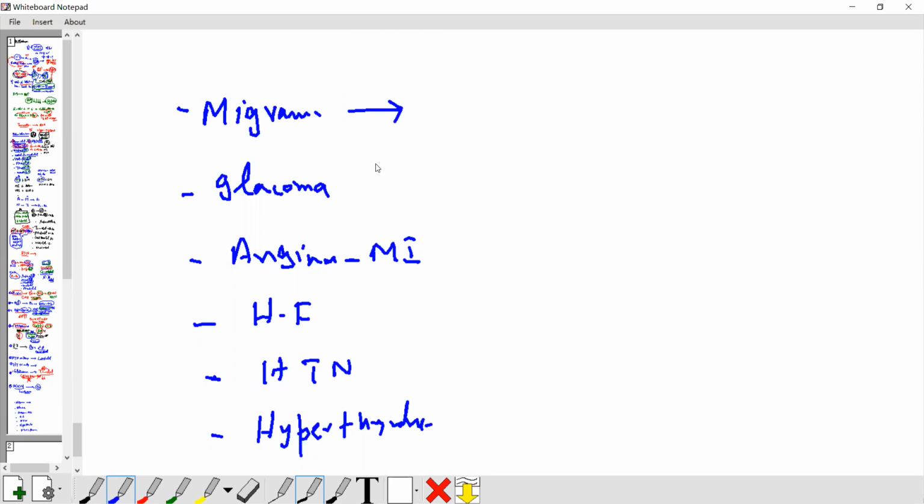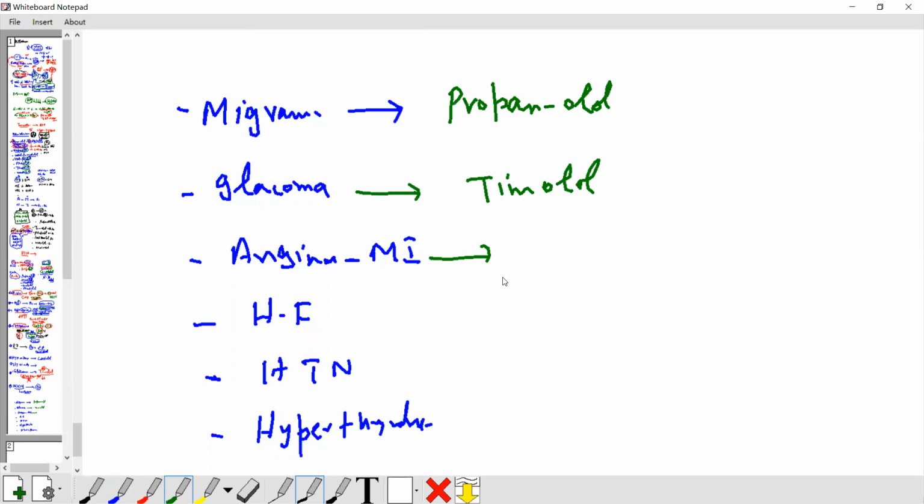Drug used for migraine, what is the name? Triptan, and propranolol. Drug used for glaucoma: timolol. Drug used for angina, anyone? A beta blocker. Prefer atenolol, bisoprolol, metoprolol.